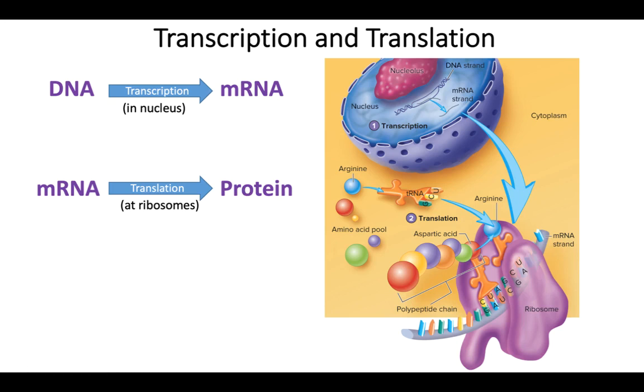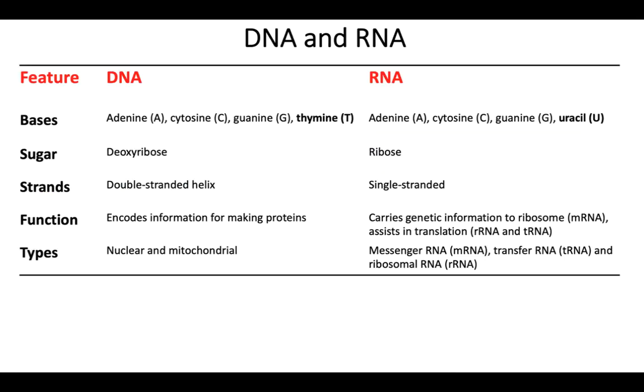Okay, here's the final summary slide, DNA versus RNA. You can go through it on your own. Notice a couple big differences: DNA has thymine, RNA doesn't. Instead, it has a different nucleotide called uracil. The other thing I want to mention is double-stranded helix versus single strand.